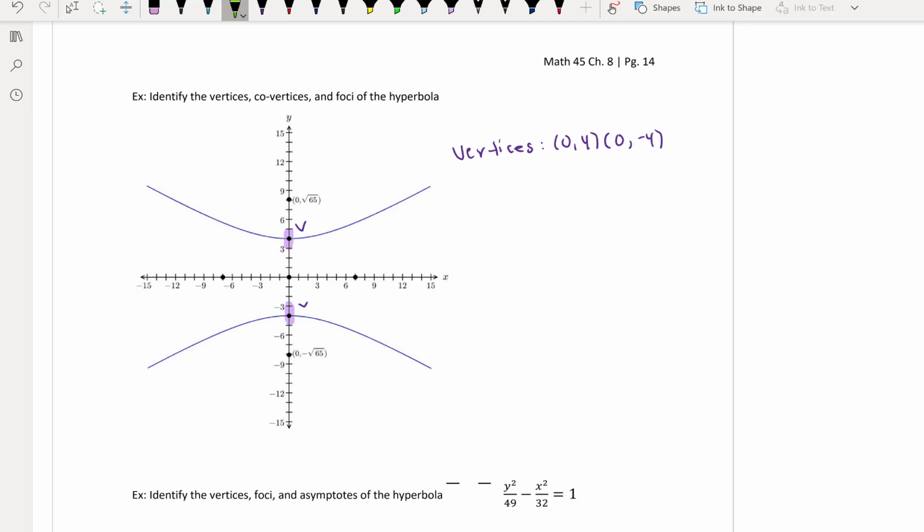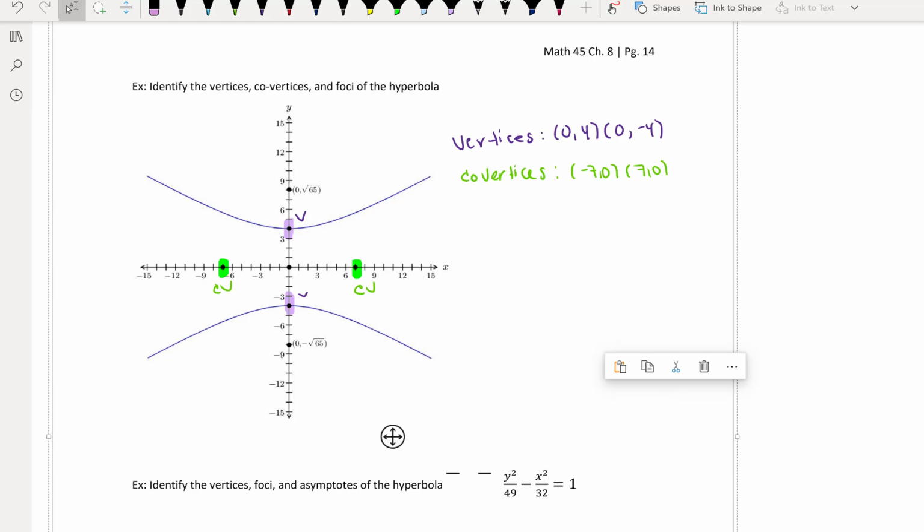Now, the co-vertices are going to be on the opposite axis. My co-vertices are going to be on the x-axis. Those ordered pairs are (negative 7, 0) and (7, 0). So those are my co-vertices. And now, of course, we also have the foci of the hyperbola.